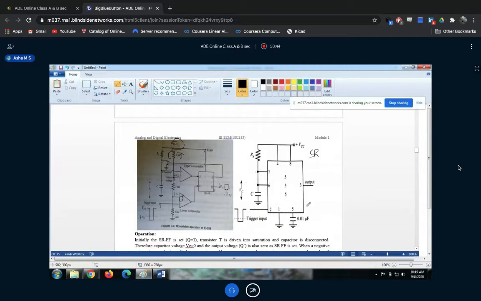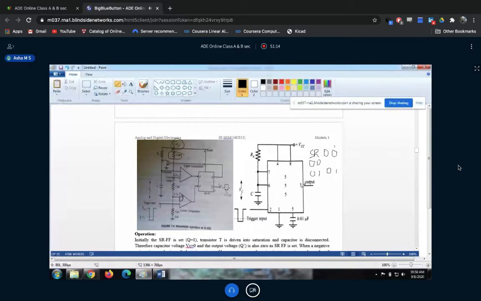This much you know very well. 0 0 is no change. 0 1 gives q equal to 0, because R is equal to 1, the reset condition. 1 0 is the set condition, q is 1. 1 1 is invalid, so this will not come into picture.